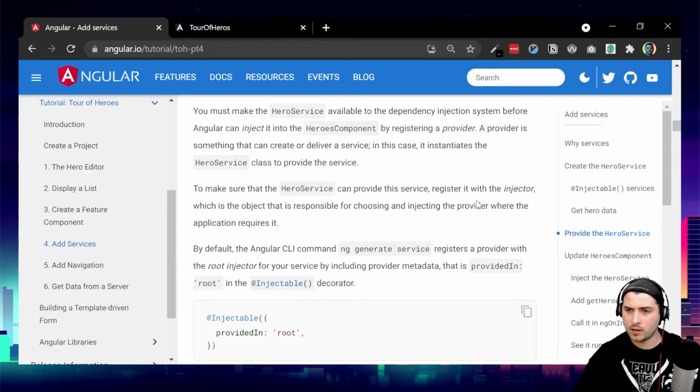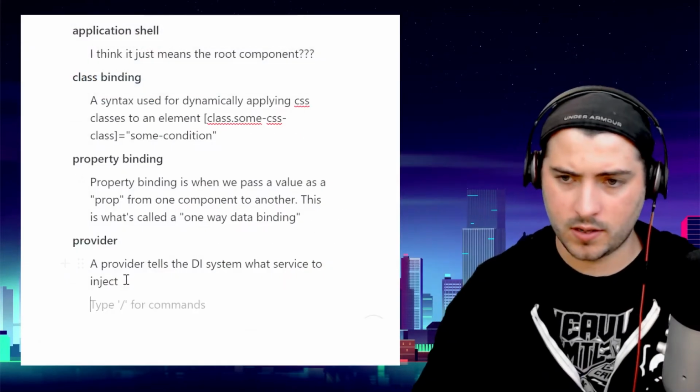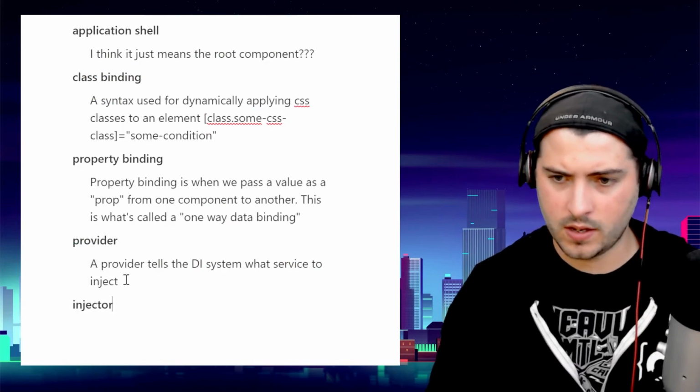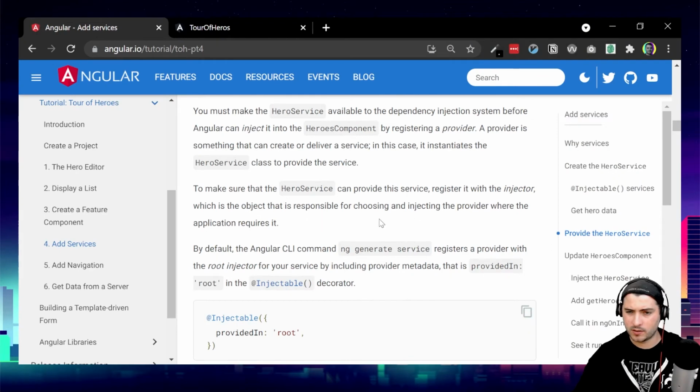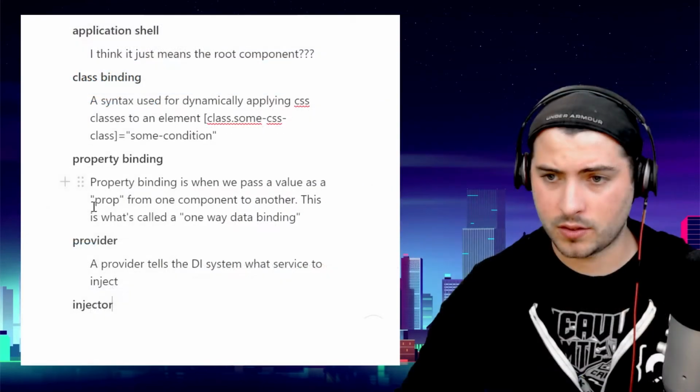So to make sure the hero service can provide a service, we need to register the provider with an injector. I'm gonna add this here, but I'm still feeling a little fuzzy on what an injector is. It's an object that's responsible for choosing and injecting the provider, and then the provider is what gives the service.